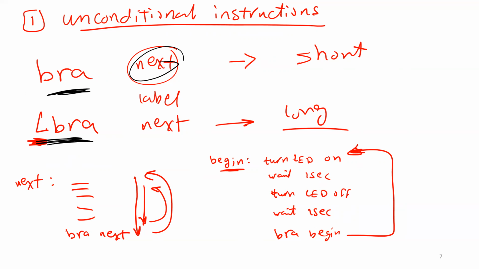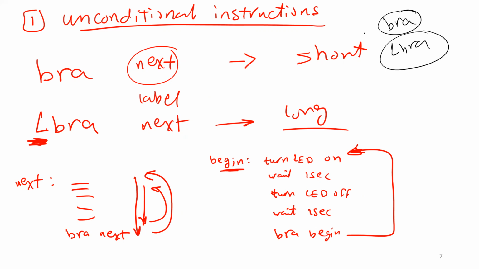So, in conclusion, for unconditional instructions we have two: BRA and long BRA. This is short, this is long, and this is unconditional. Then you have to put a label here, and you have to write this label in your program next to an instruction. This is where you jump to.